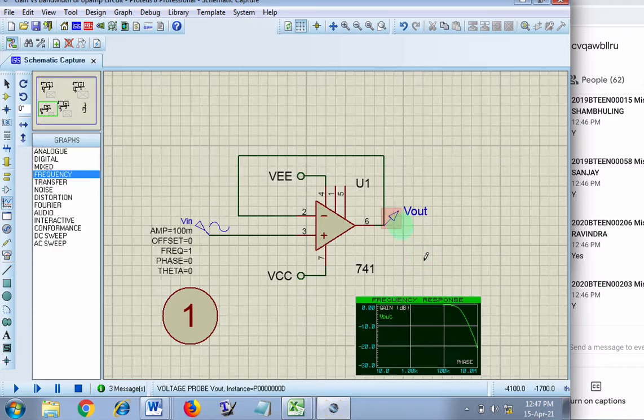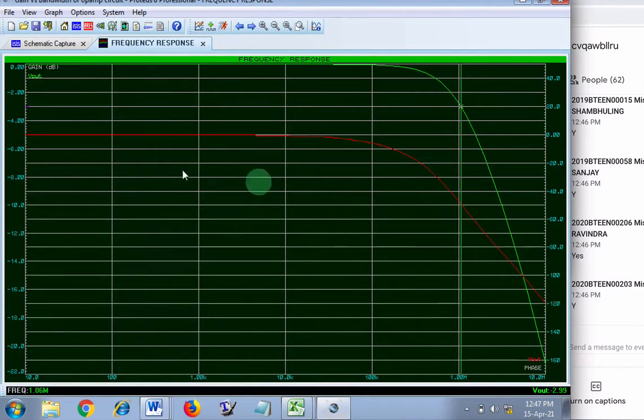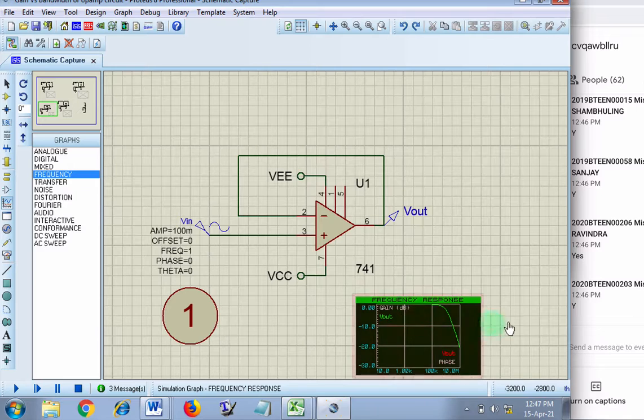If you put it on the right hand side, there will be phase response. So you can see the phase response also, but right now we will not go into that. Right. So what is the observation?